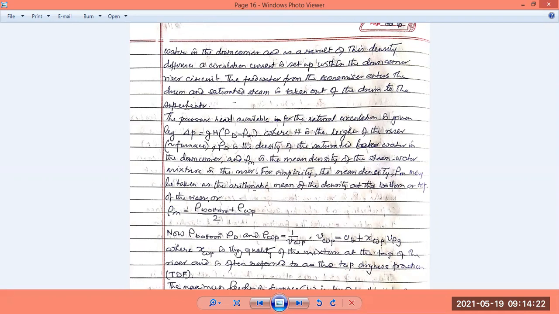Now, rho_bottom is equal to rho_D, meaning at the bottom of the riser the density is equal to the density of the water in the downcomer.